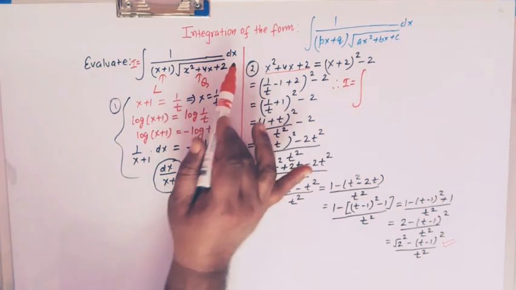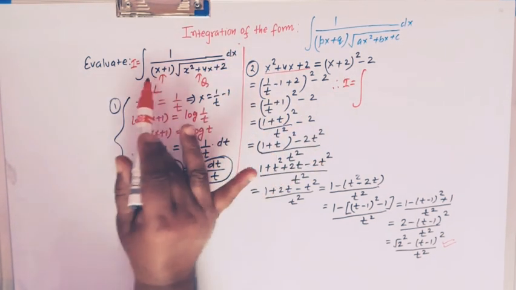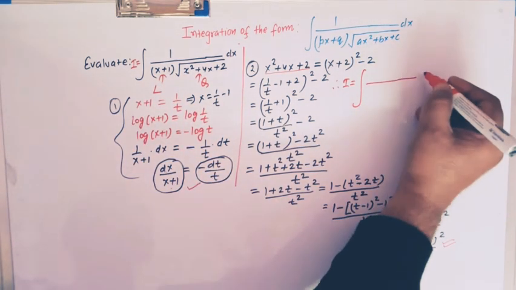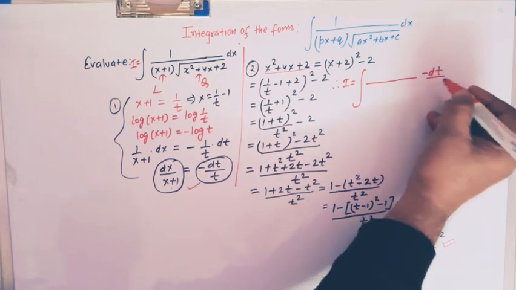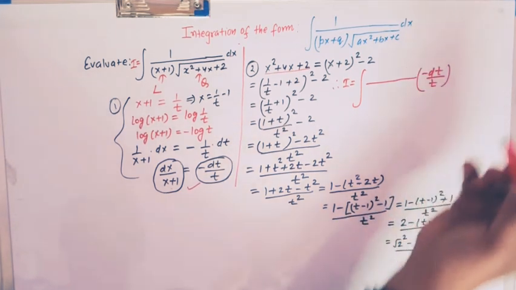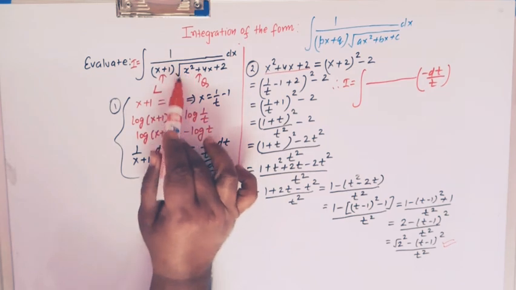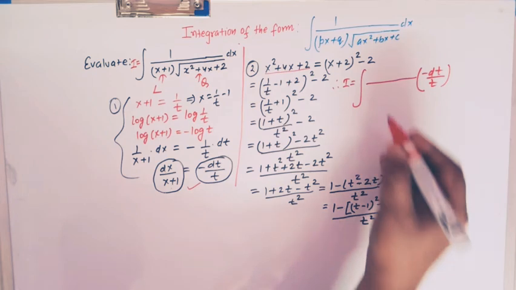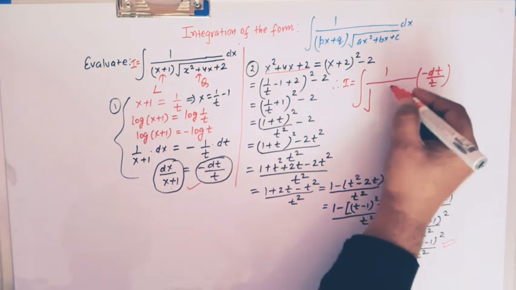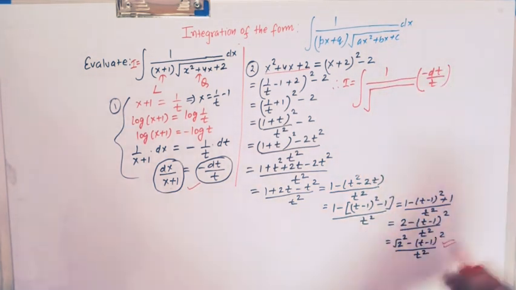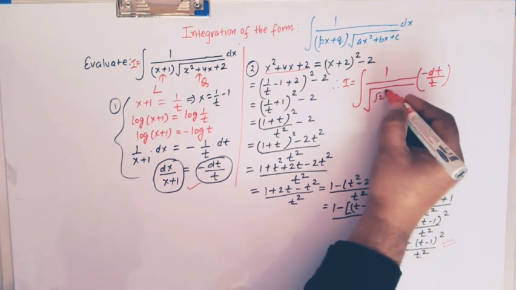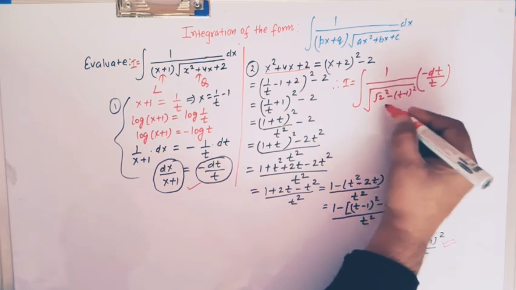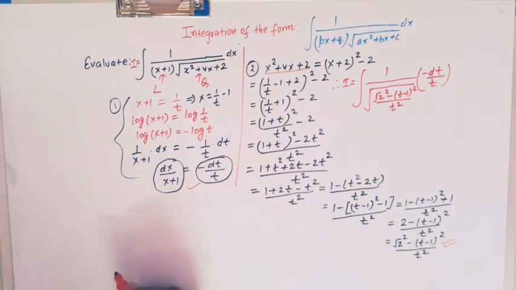So now for this dx over x plus 1, we have here minus dt over t, and for square root of x square plus 4x plus 2, we have this term. So we have square root, then we have root 2 square minus t minus 1 square over t square, right?